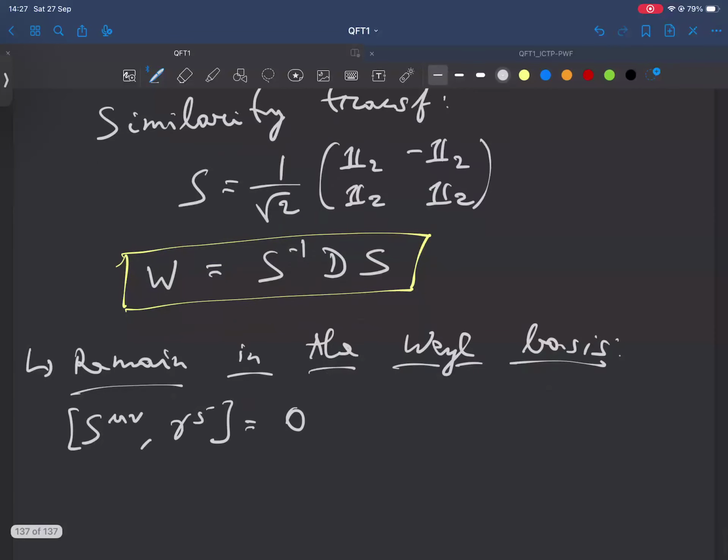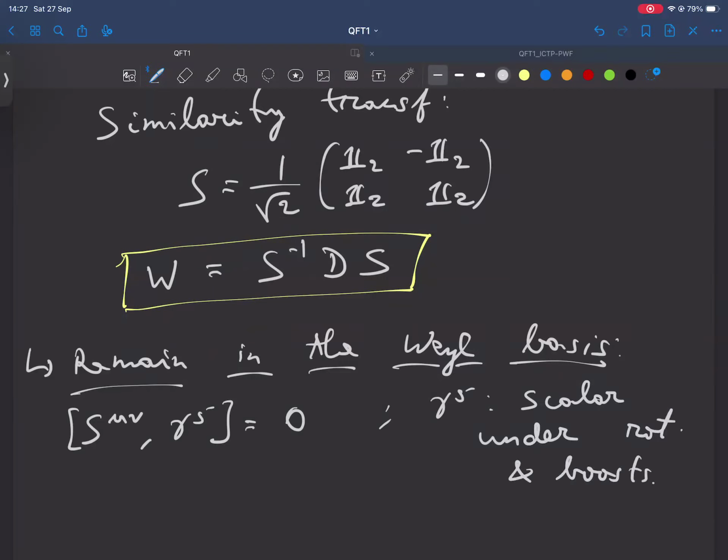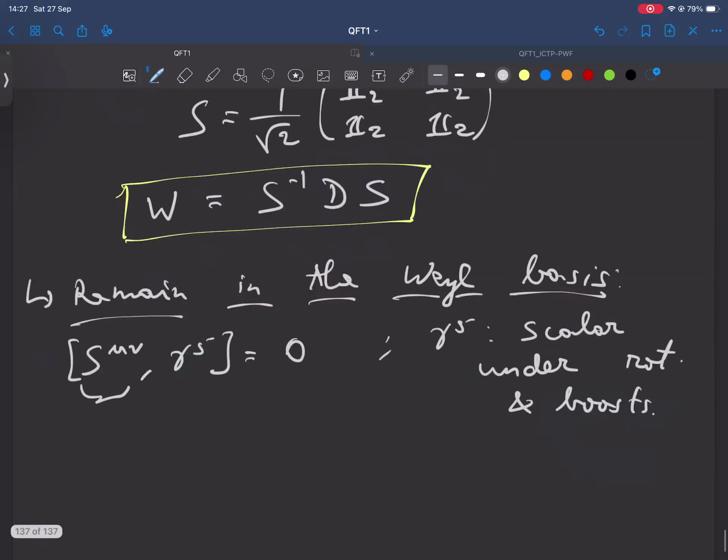And so it means this gamma 5 is like a scalar under rotations and boosts, because they came about exponentiating this S, right? So again, this is exactly similar to how gamma 0 was there, and that helped us to construct the Dirac conjugate field.